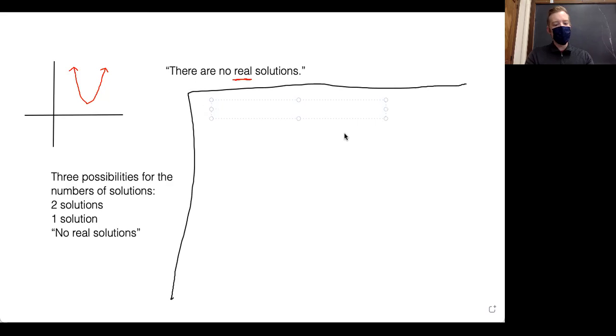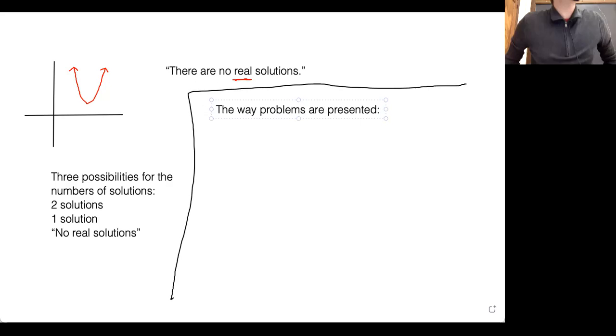So let's talk about the way problems are presented. Because I don't want anybody missing points on this or being confused on things like the ACT if a problem is phrased in a slightly different way. Because there are several ways, I think there's like 4 different ways that this can be phrased.